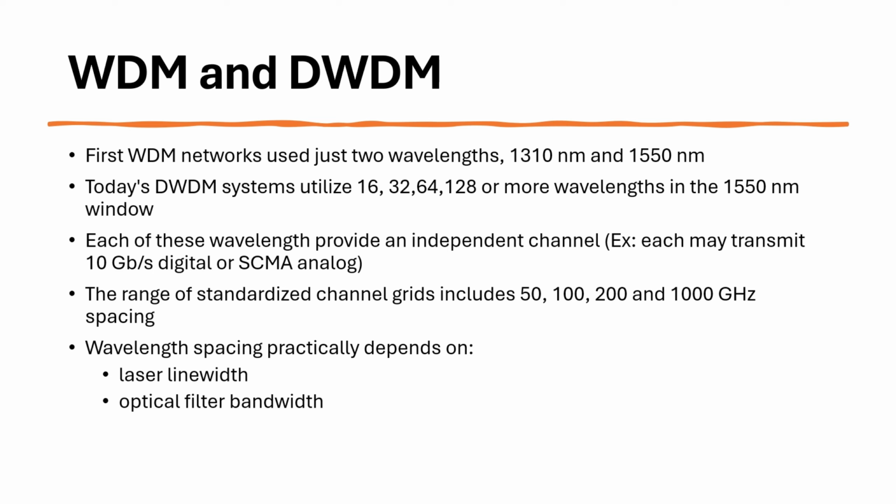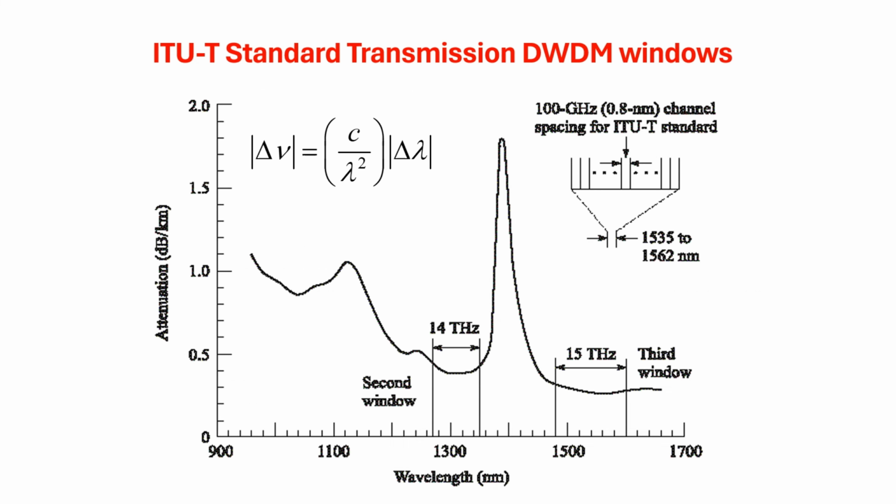The standard grids available for spacing are 50, 100, 200 and 1000 gigahertz. The wavelength spacing depends on the laser line width, meaning how precise the laser line width is, and the optical filter bandwidth, because when you want to add or drop a wavelength, the optical filter bandwidth is very important to decide the efficiency of the system.